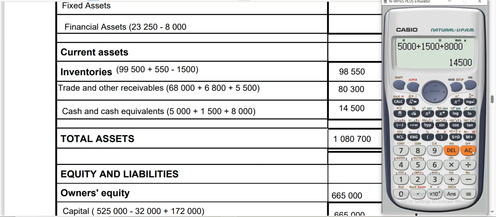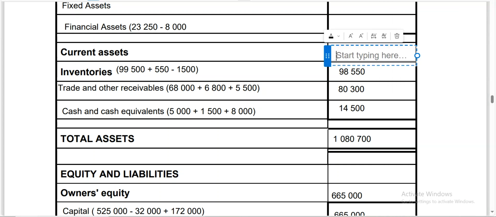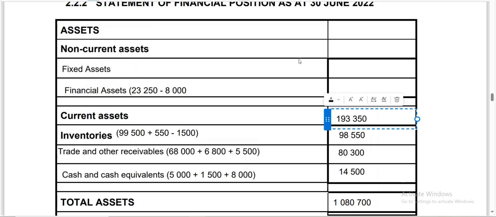So remember, it's going to be 98,550 plus 80,300, and then we are also going to say plus 14,500, and then our answer will be 193,350.